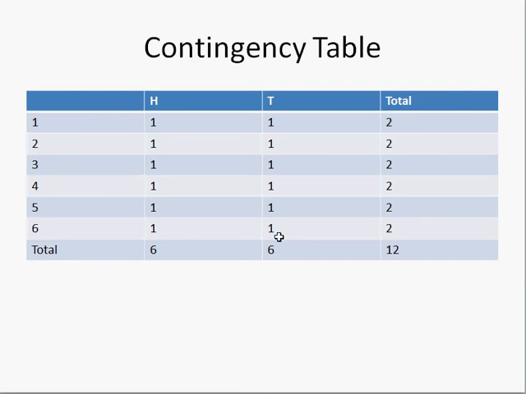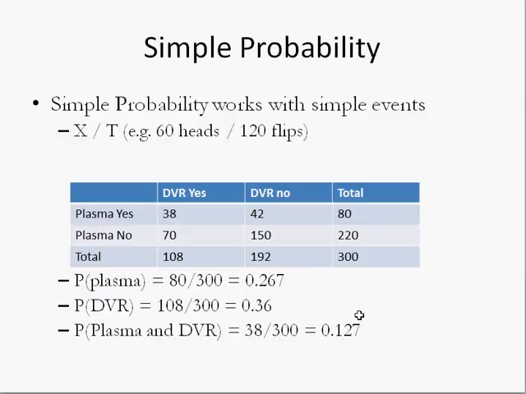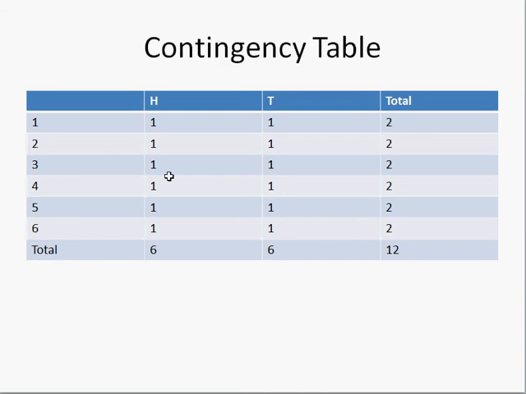Tails. 6 are tails out of 12 is 1/2. 3 or smaller and tails. So 3 or smaller would be these 6, but tails would restrict it to just these 3. So that would be 3 out of 12, or 1/4.